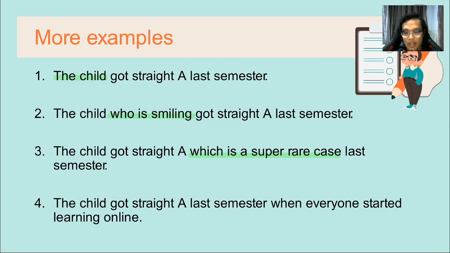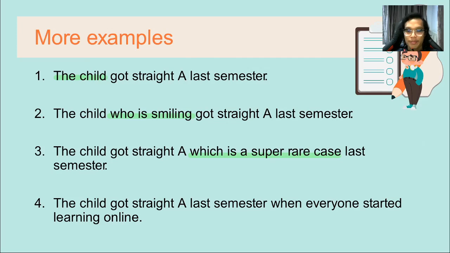We cannot really see those cars driving around town. So this is rare. This is super rare. So it means that anyone who got straight A is super rare. Other friends might get a lot of B plus, a lot of B, or they might not even get an A. But this child got a straight A, which is a super rare case.